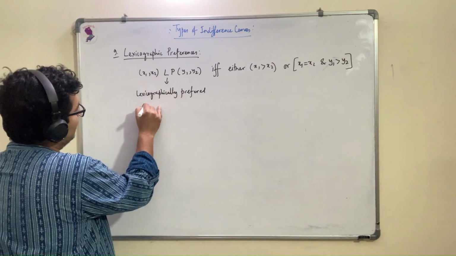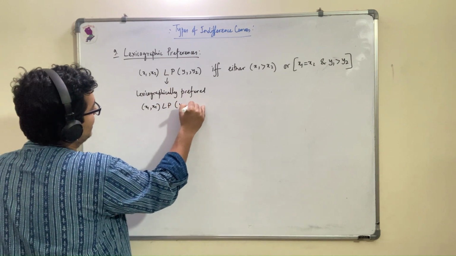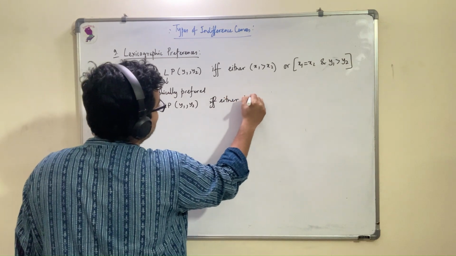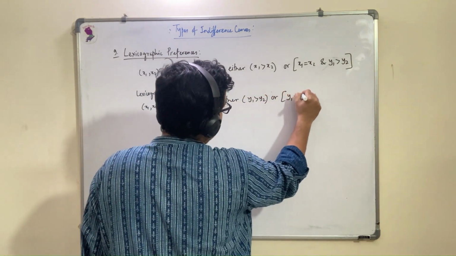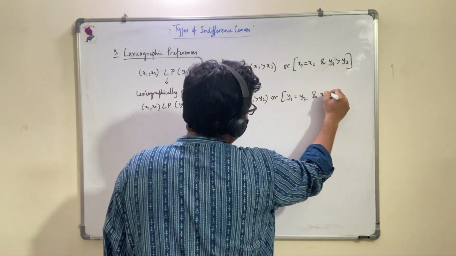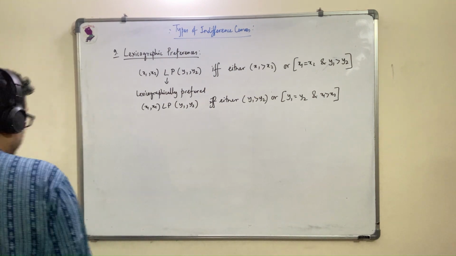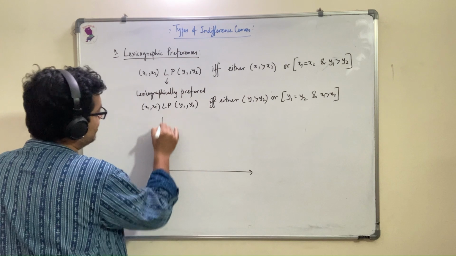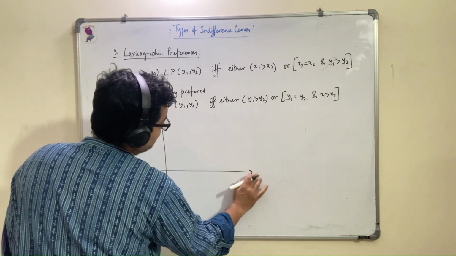So let me just write it down for help. So we can have something like this also. If and only if either y1 greater than y2 or y1 equal to y2 and x1 greater than x2. So this is our discontinuous one, and we will show why that happens.